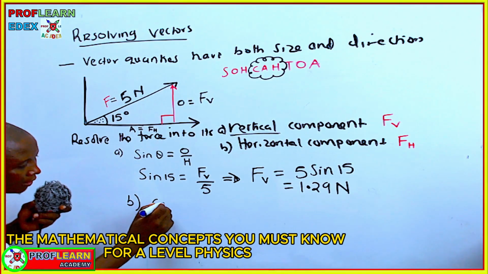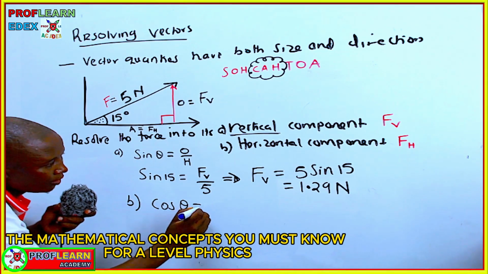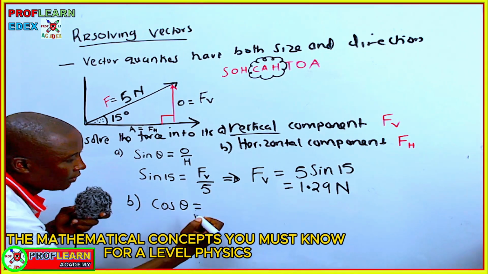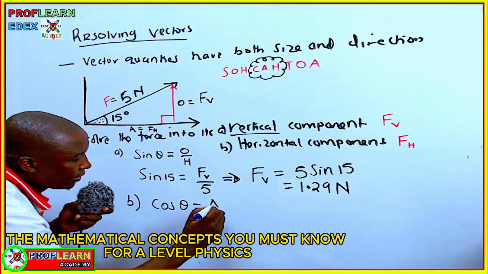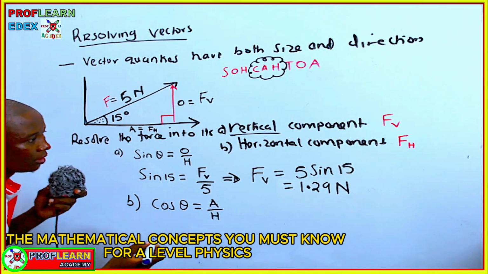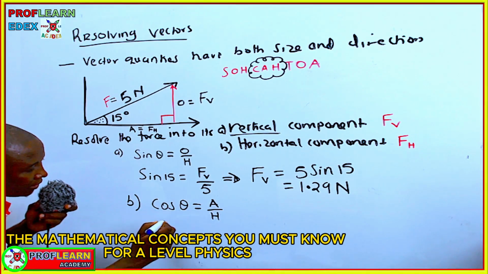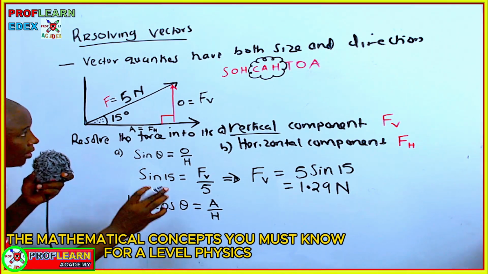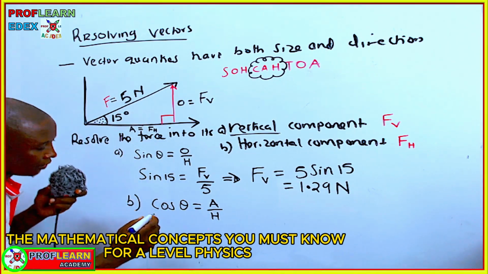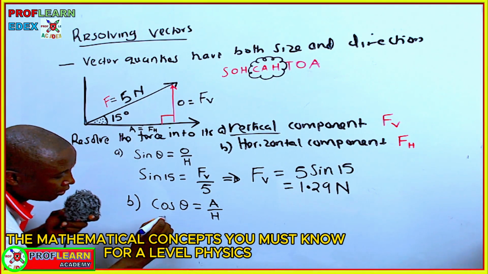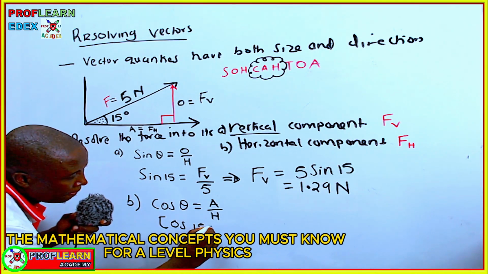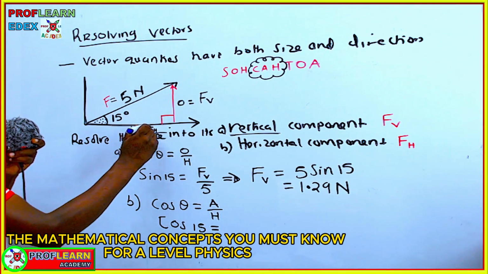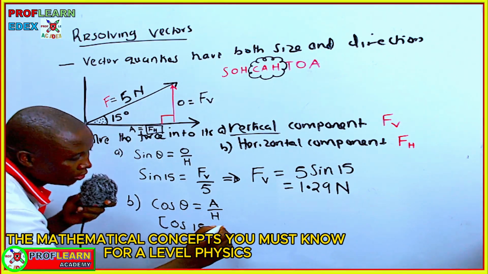So we are going to say cos theta is equal to adjacent over hypotenuse. Remember that theta is 15. Now we can substitute our theta is 15. So cos 15 is equal to adjacent.